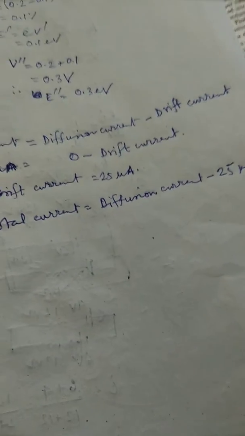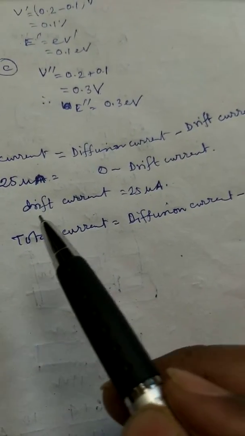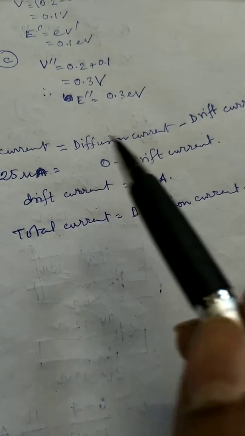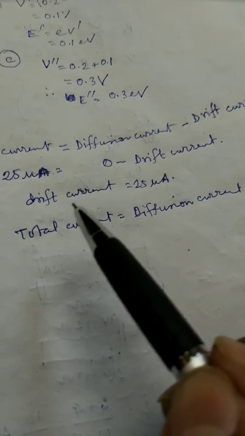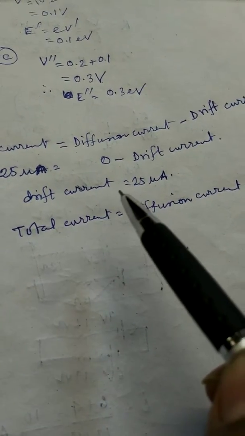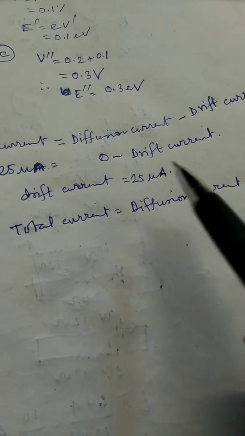Why? Because by applying the special condition, the reverse bias condition, I have got the value of drift current, which is due to the minority carriers. So in this expression I have put that.